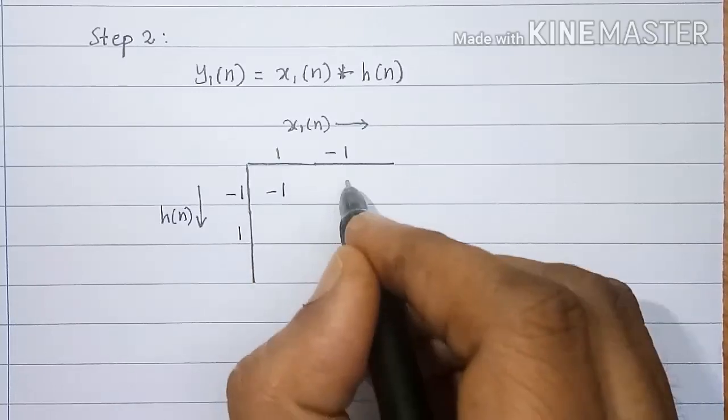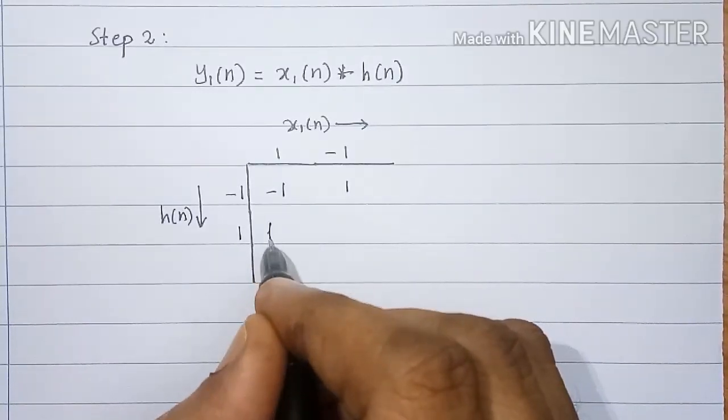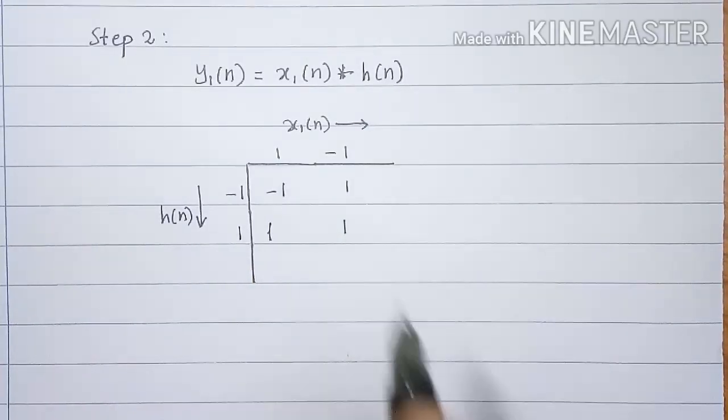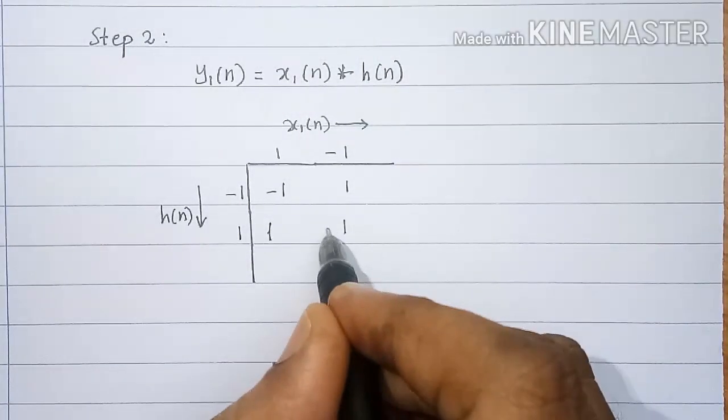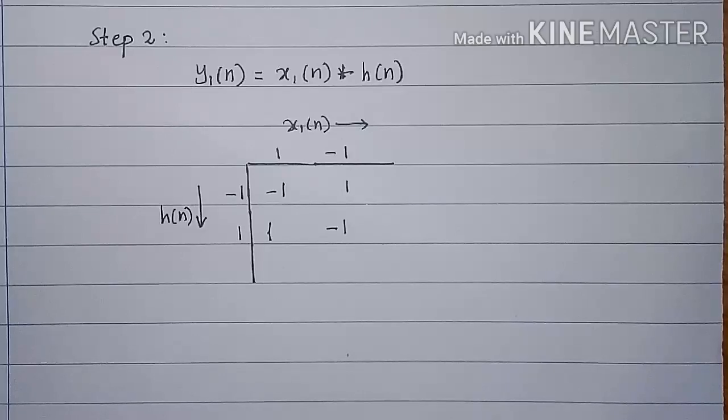Multiplying we get minus 1 plus 1, 1 and 1, and minus 1.